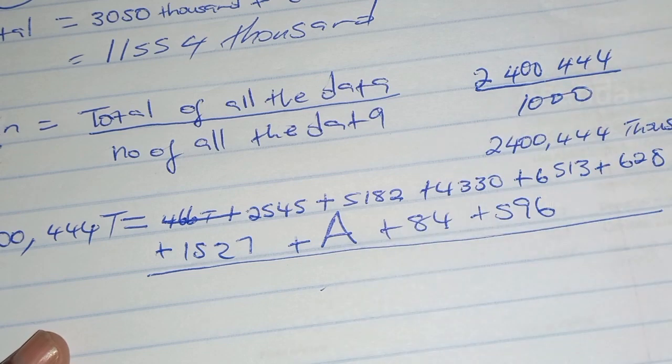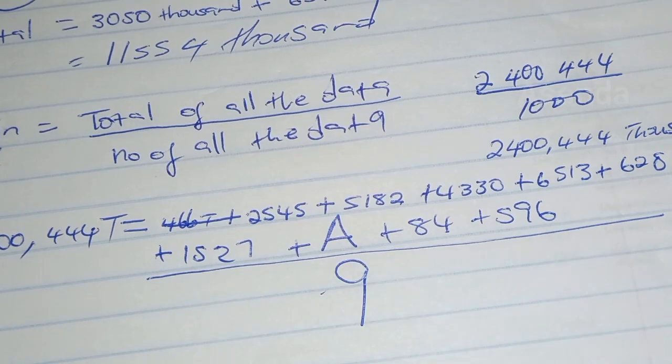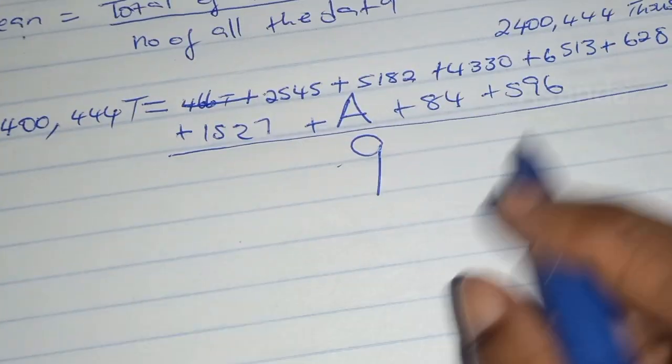That is 1, 2, 3, 4, 5, 6, 7, 8, 9. All of that will be divided by 9.